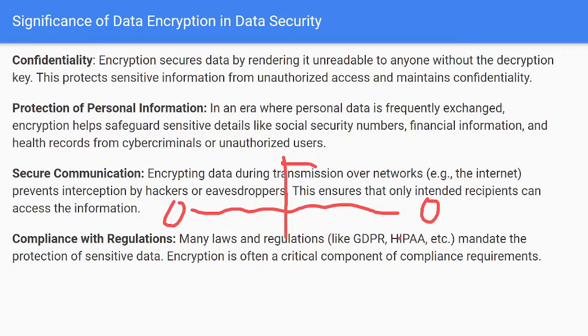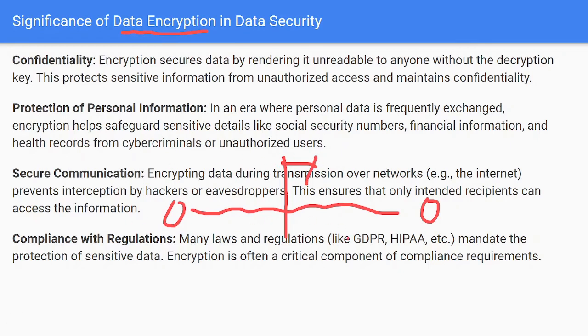If you are dealing with health data, it should be secured. You understand? If you are collecting personal information, it should be secured. And for you to do that, this is where encryption comes into play again. So data encryption will help you to be compliant. Remember that if you are not compliant, you'll be sued, and sometimes you'll be charged a fine to pay because you are not compliant.